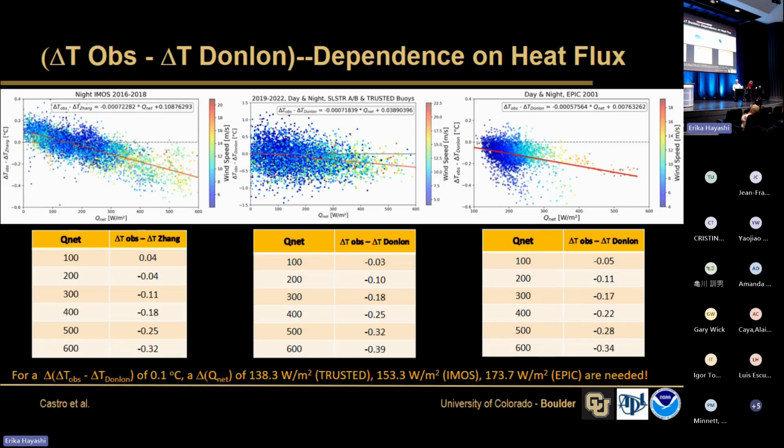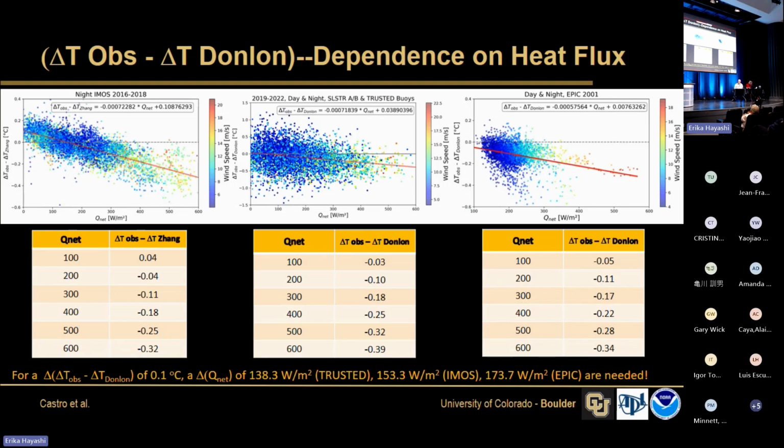And what this is saying is that if we have a change of 1/10 of a degree in the residual, this is equivalent to a change of roughly 150 watts per meter squared in the heat flux. So in other words, if we want the cool skin to an accuracy of 1/10 of a degree, we need to include the heat fluxes, but we only need to know those heat fluxes up to 150 watts per meter squared accuracy.